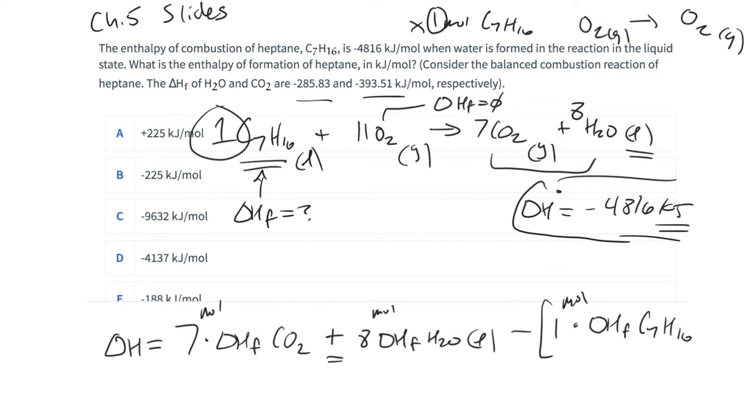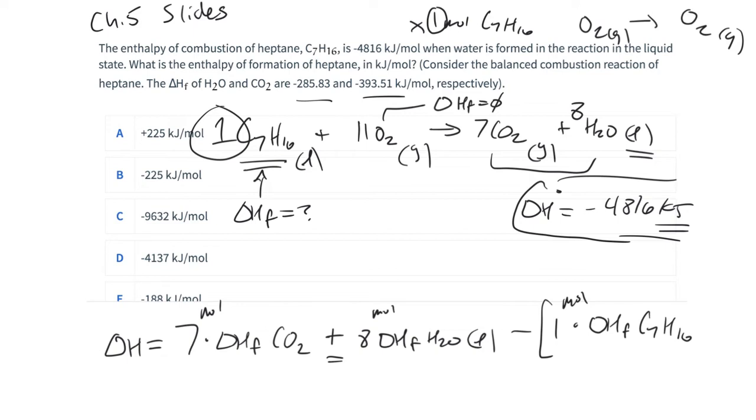Usually you're not told this. You just have to remember H2 gas, O2 gas, N2 gas, F2, Cl2. Bromine's a liquid, iodine's a solid. In terms of diatomic molecules, the noble gases are all monoatomic gases, and most of our metals are solids except for mercury, which is a liquid.